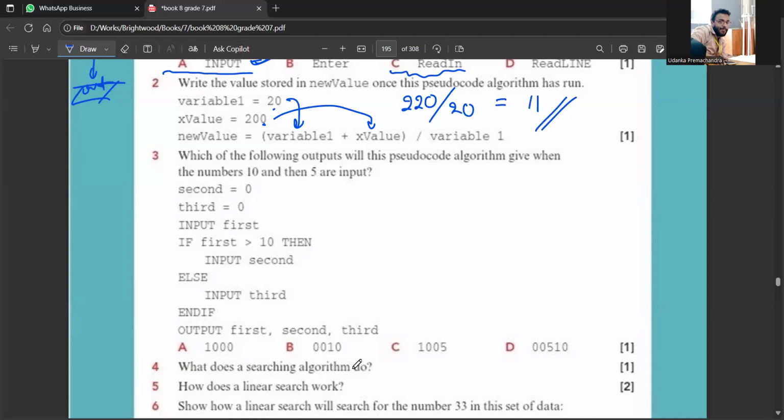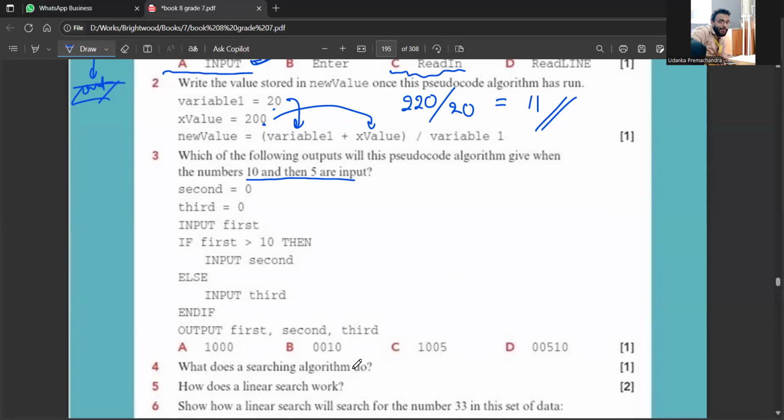So what should the output be? Second is 0, third is 0.